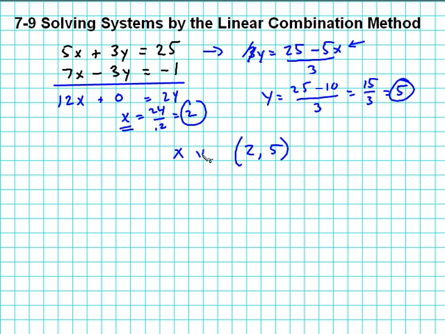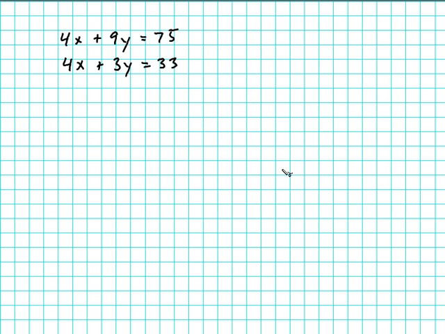Okay, so x, y, the solution would be that. Now, you have to admit this was a pretty special circumstance to have a 3y and a minus 3y. Okay, let's try another one. Well, here it looks almost as interesting, except in this case they have equal terms, 4x and 4x.